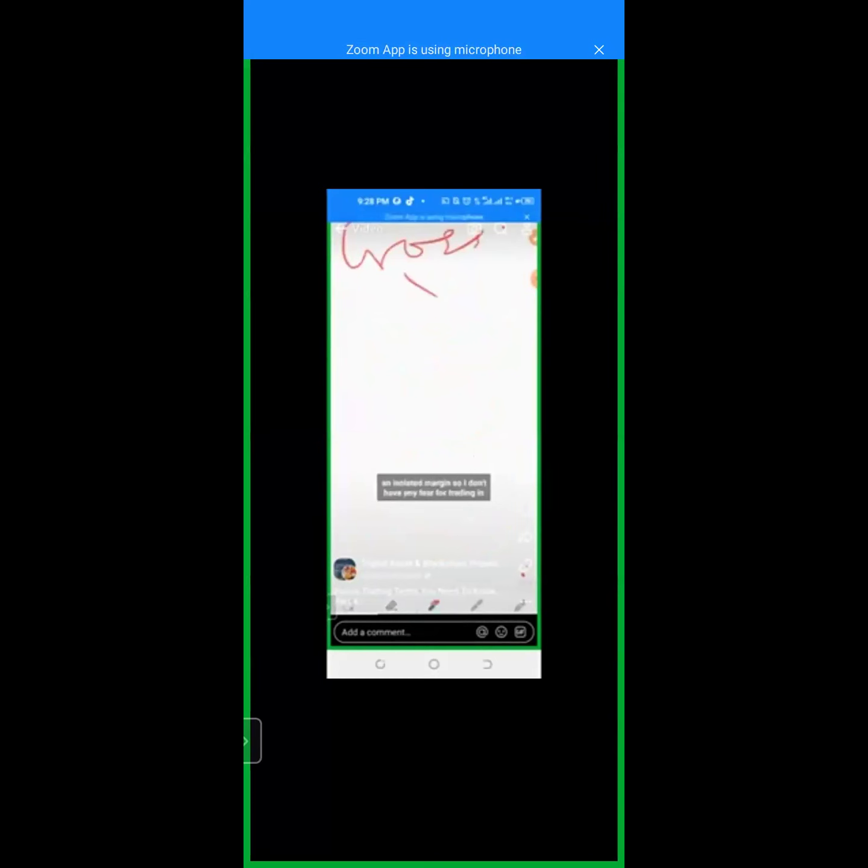I don't have any fear of trading futures again because when you understand fund and risk management, the fear of loss will not be there. The moment you have a good entry price and very good fund and risk management, then you are good to go. Now, we have two types of margin in futures trading called cross and isolated margin.